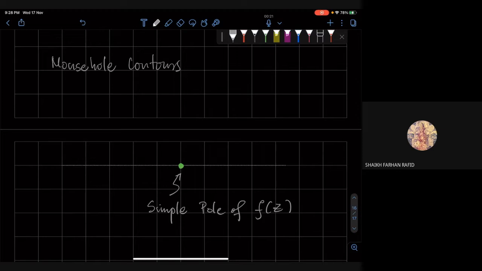And suppose that we are now looking at a contour which comes like this, and goes like this. So this angle is, say, beta, and this angle, suppose, is alpha.